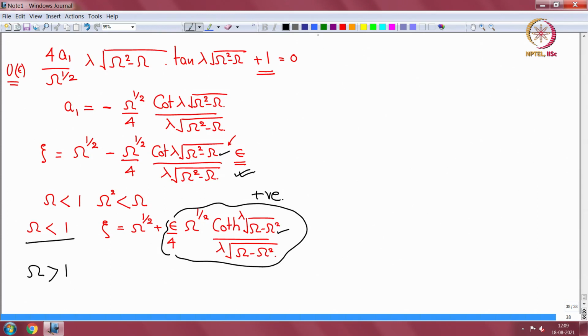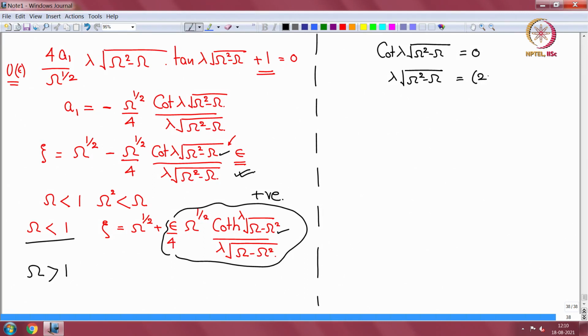So I have cot lambda square root of omega square minus omega, which let us say is 0 at some point. That means cos is 0 at some point. Cot is cos over sine, the cos is 0 at some point, which means lambda square root of omega square minus omega is some twice m plus 1 pi by 2.